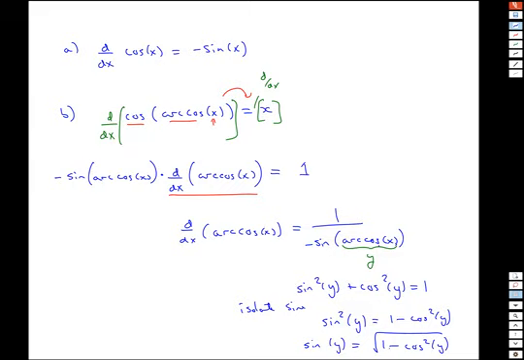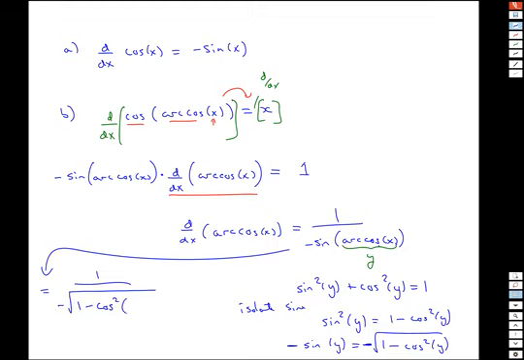But that's the magic tool for this, because now, instead of negative sine y, if I want negative sine y, I can just take the negative of that root. And we can take that down to here. Our derivative is going to equal 1 over negative sine, so negative square root of 1 minus cos squared of arc cos of x.